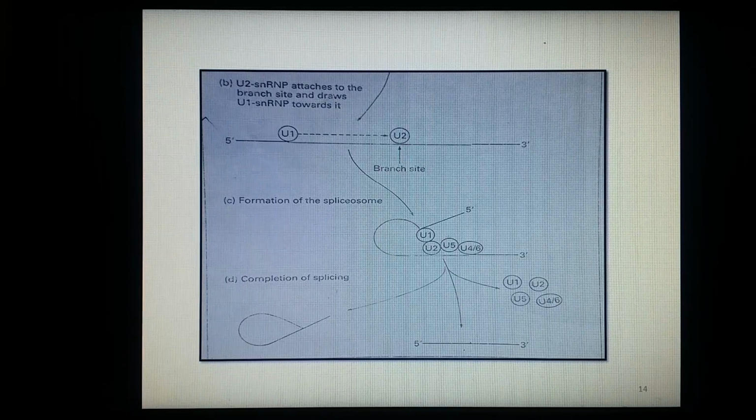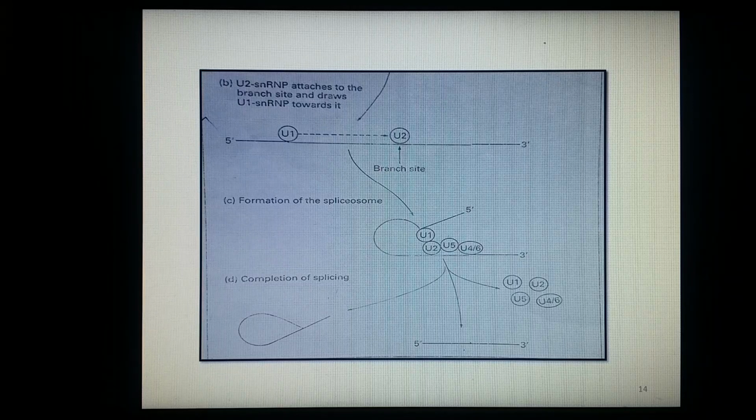What happens next is that once the U1 snRNP is attached to the 5' splice site, then at the branch site, which is near the 3' end, the U2 snRNP attaches itself. Here too base pairing is involved, but it is considered that this base pairing takes place between the protein within the U2 snRNP and the branch site, rather than the U2 RNA itself.